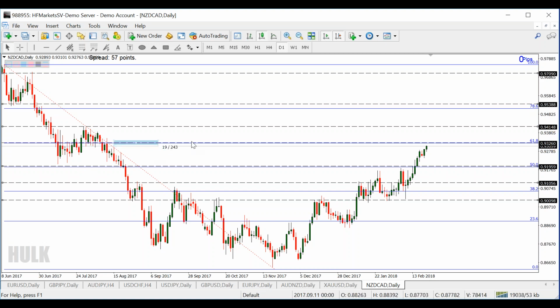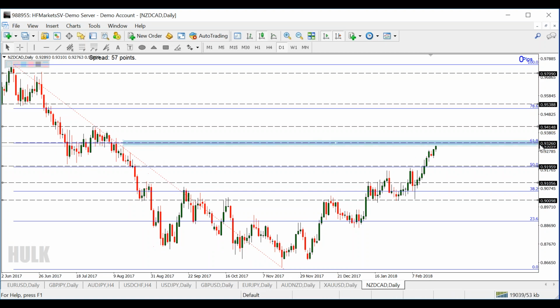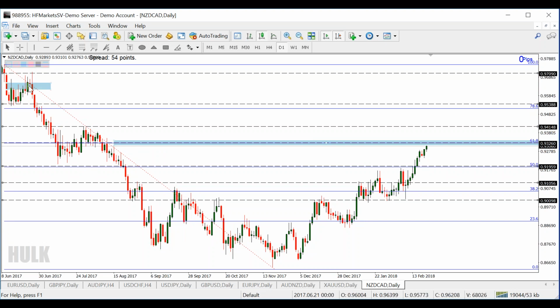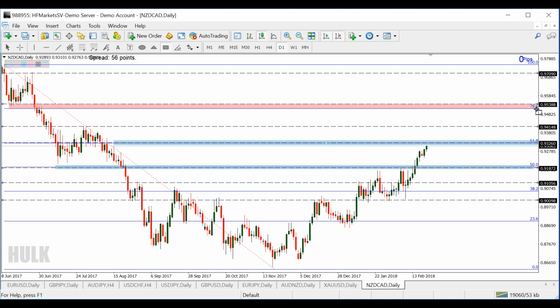Okay, this line is very influential area. Sebab apa? Sini support resistance area dan juga Fibonacci area. Fibonacci 61.8 is a golden ratio. This is also an important area.